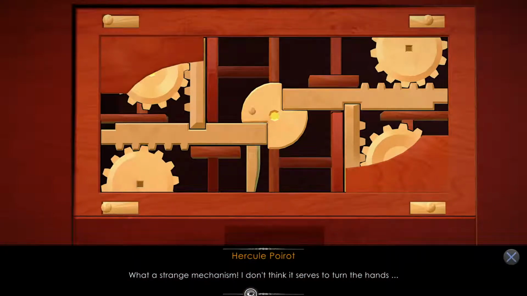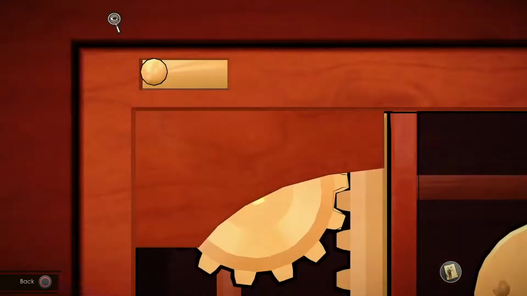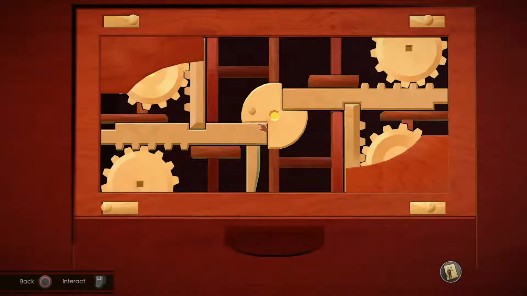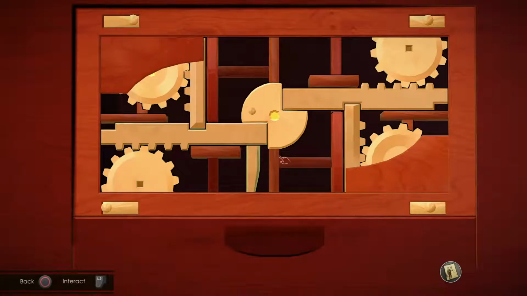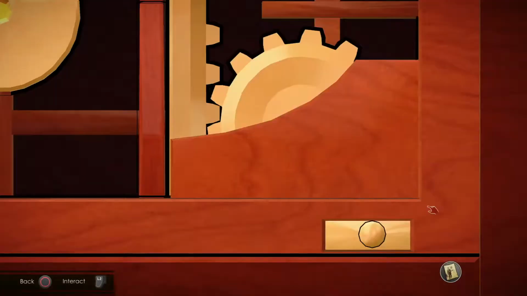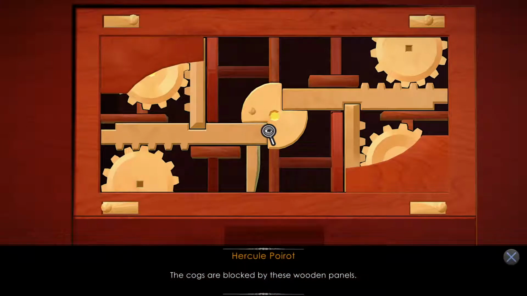I don't think it serves to turn hands. The cogs are blocked by these wooden panels.